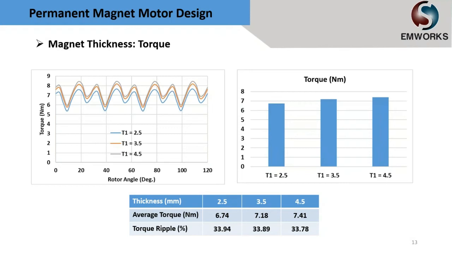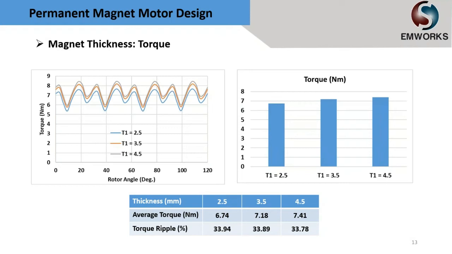The interesting part is that even by increasing the magnet thickness, the torque ripple is the same for all cases. Note that here we didn't talk about PMSM or BLDC.